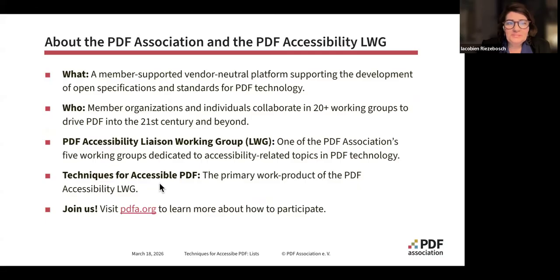A little information about the PDF Association and the PDF Accessibility LWG. This is a member-supported, vendor-neutral platform supporting the development of open specifications and standards for PDF technology. There are member organizations and individuals, and they collaborate in 20-plus working groups to drive PDF into the 21st century and beyond.